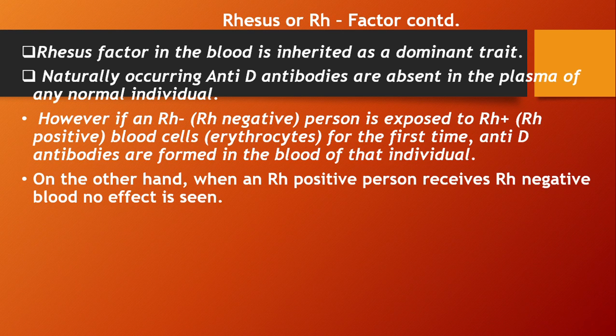An RH negative individual will produce antibodies for this antigen when exposed to RH positive blood cells.